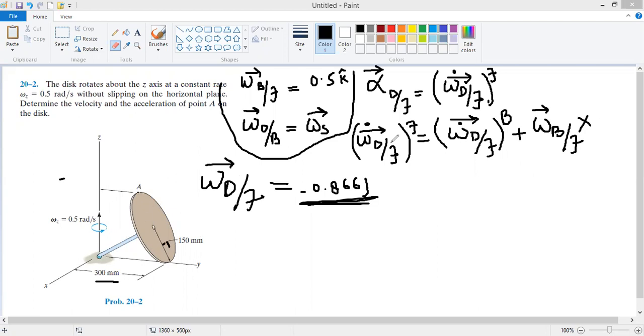Because we are taking the derivative of the angular velocity of the disk with respect to the ground, our vector is the angular velocity of the disk with respect to the ground. Its derivative like this. Fine.